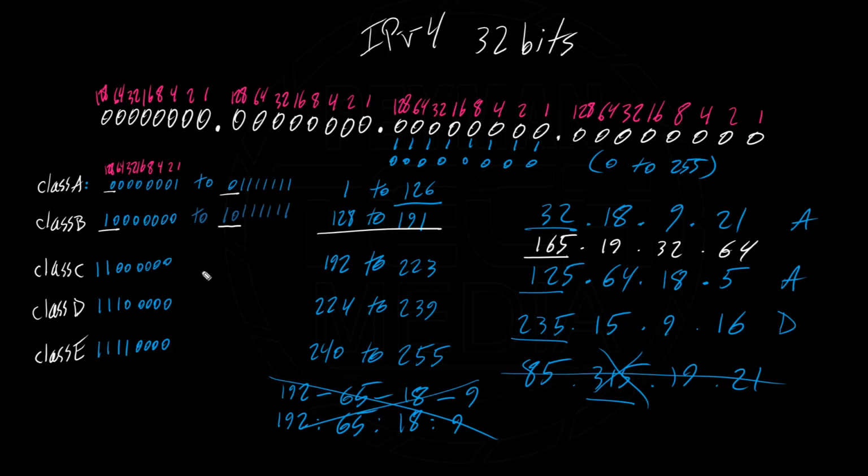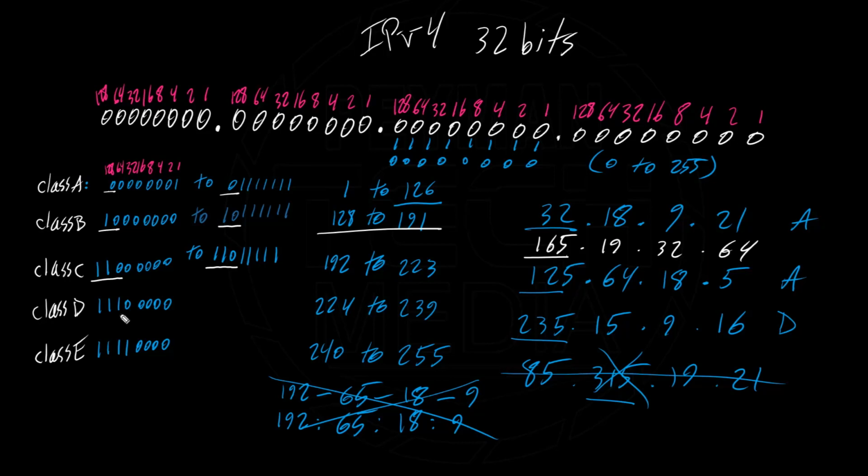And looking at class C, always the first 3 bits, very good, you guessed it right, 1, 1, 0. So always the first 3 are 1, 1, 0. How do we know? Because when we convert 223 decimal to binary, this is the binary for 223.